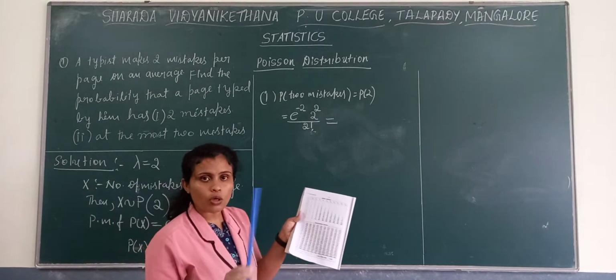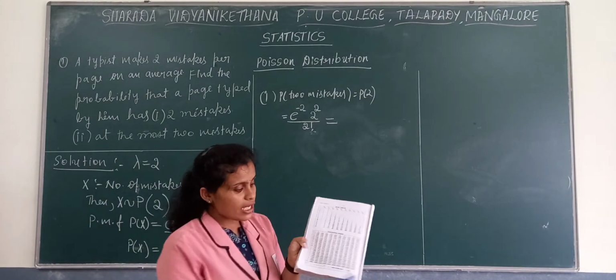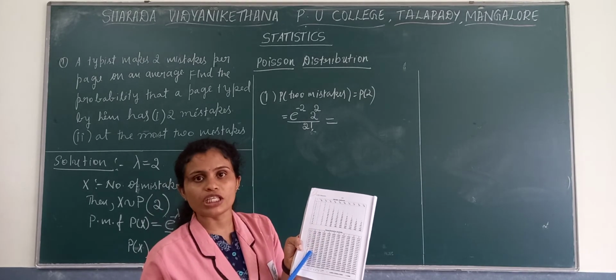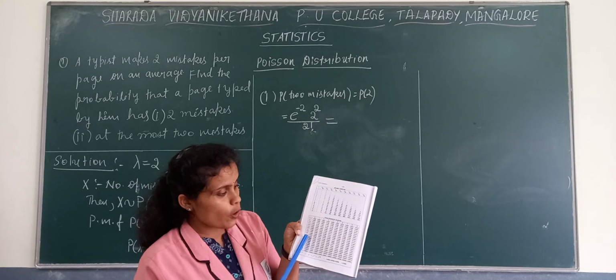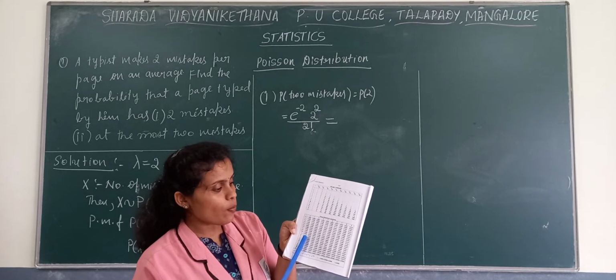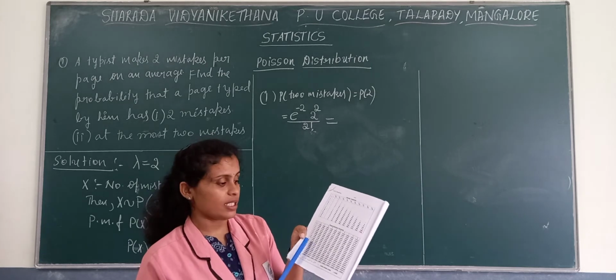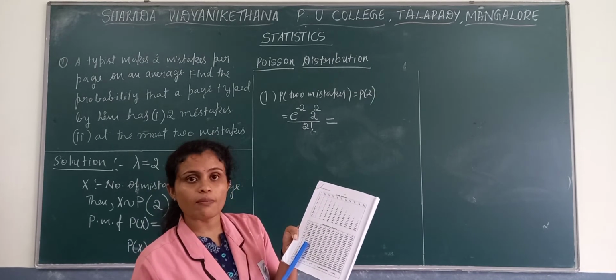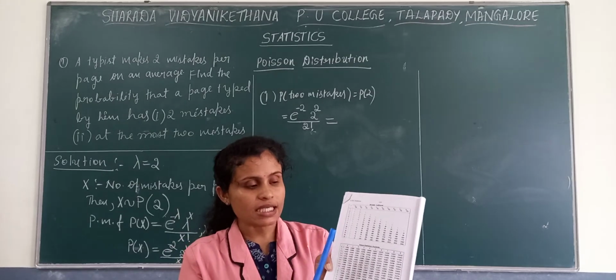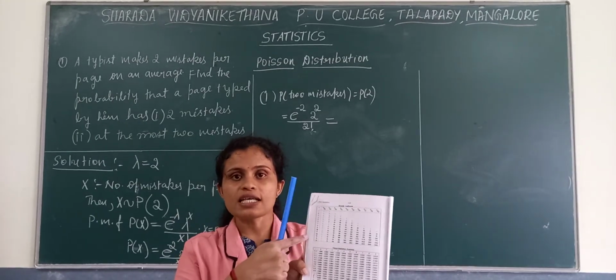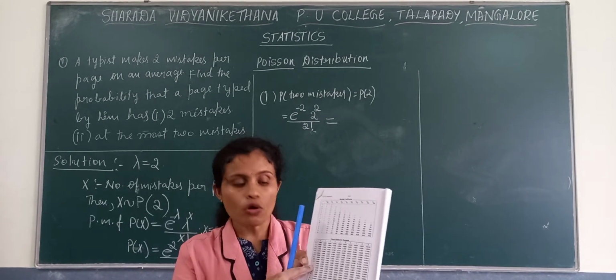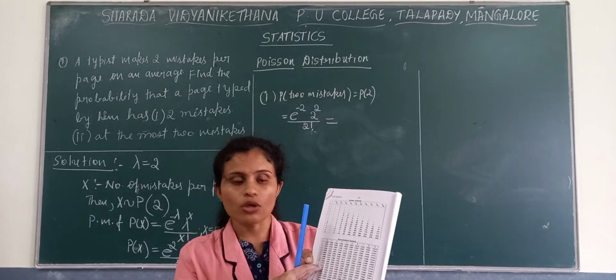But here it is only 2, so we need to see the 2.0 column. In the 2.0 column the value is 0.1353.